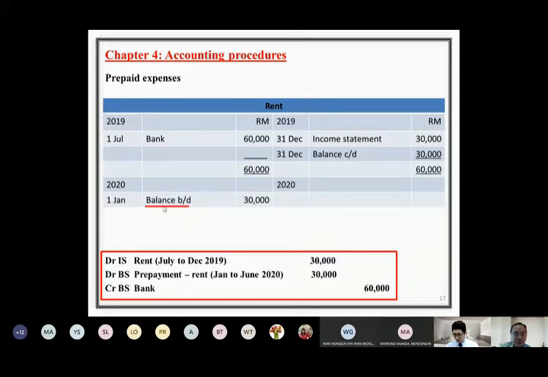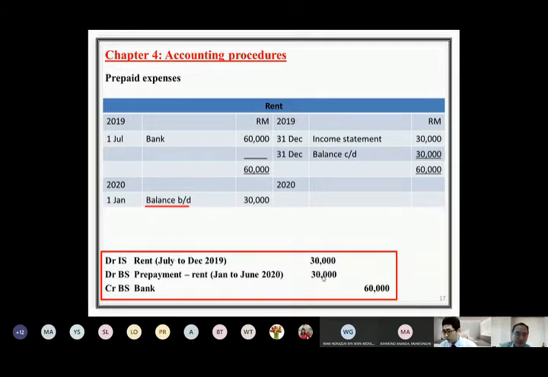This prepaid expense is a debit side of the statement of financial position. So this is debit, this is debit. When you make the payment, you credit the bank, so you pay 60,000: 30,000 for the current year, and 30,000 for next year.